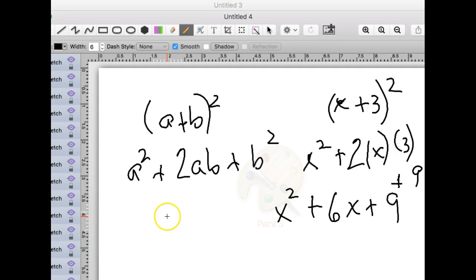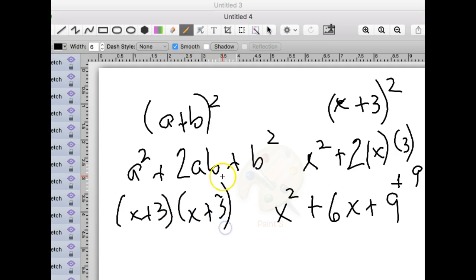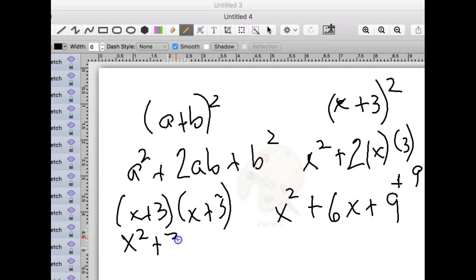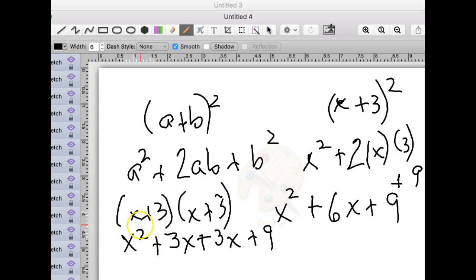Now I could FOIL that. I could FOIL (x plus 3) squared, which is basically (x plus 3)(x plus 3), and I will get the same answer if I use FOIL. First, x times x is x squared.